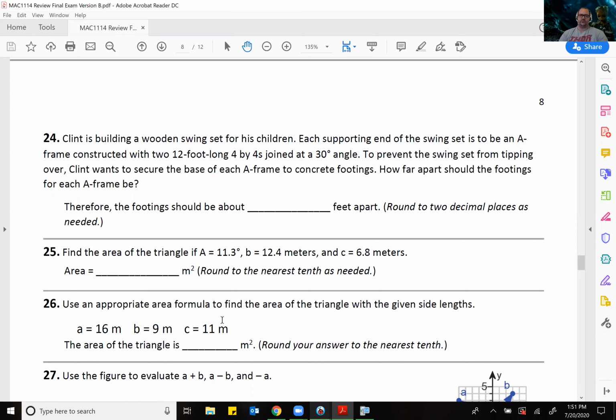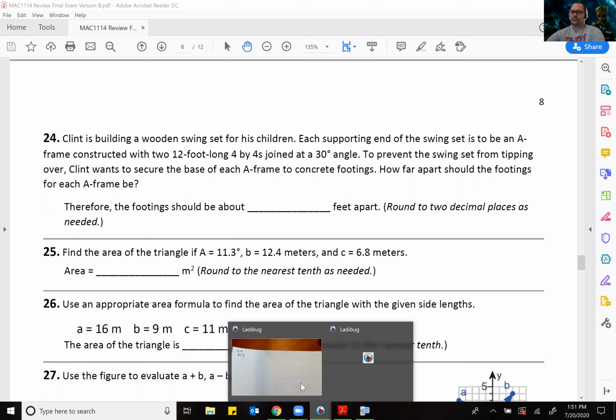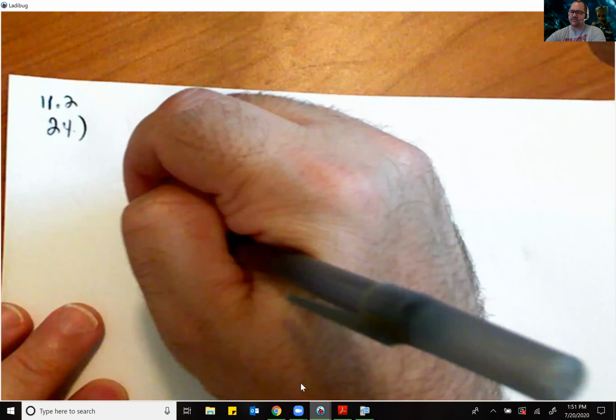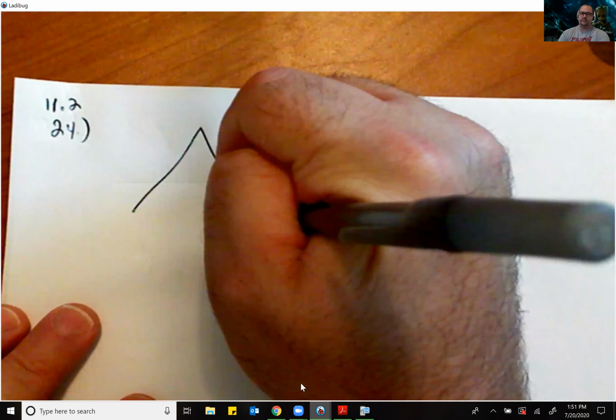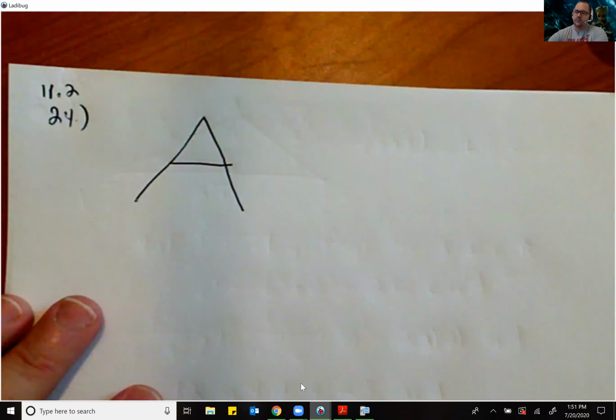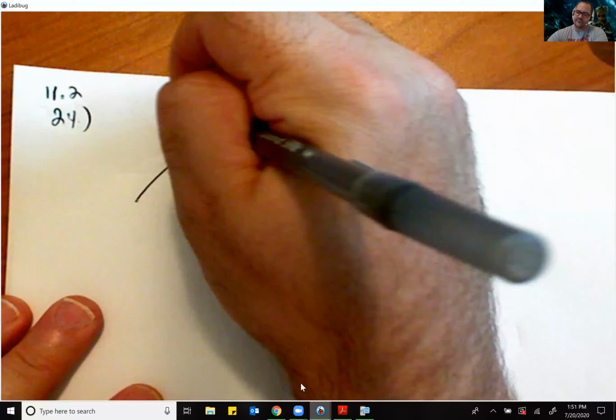So let's draw a picture of this. 12-foot long 4x4s joined at a 30-degree angle. All right. So an A-frame looks exactly as it says. Looks like an A. We know that each of these sides right here, because there's only 2 of them, they're 12 feet.